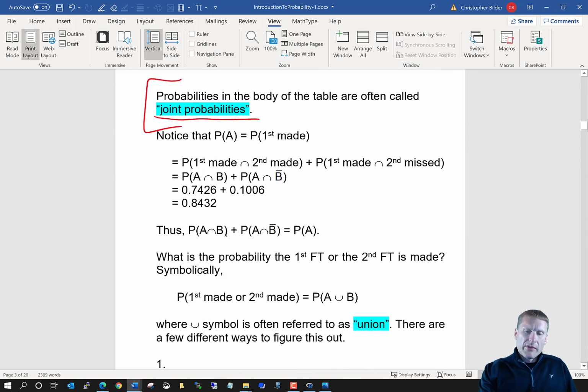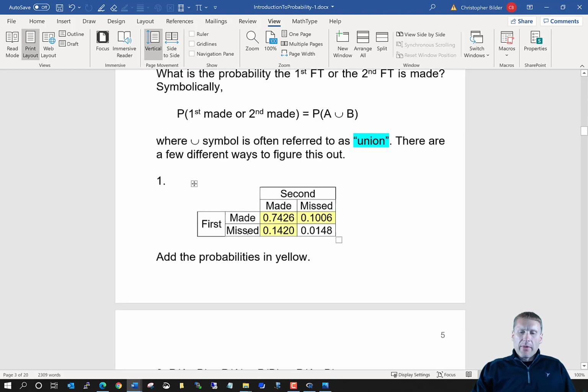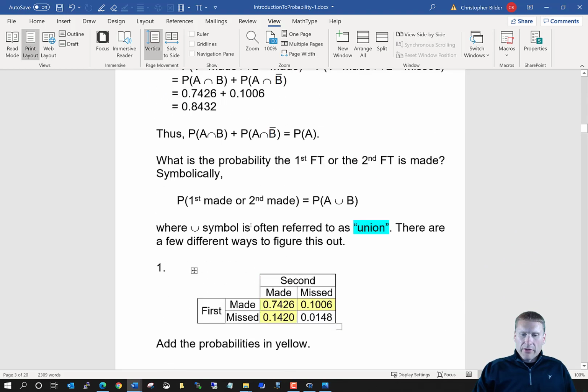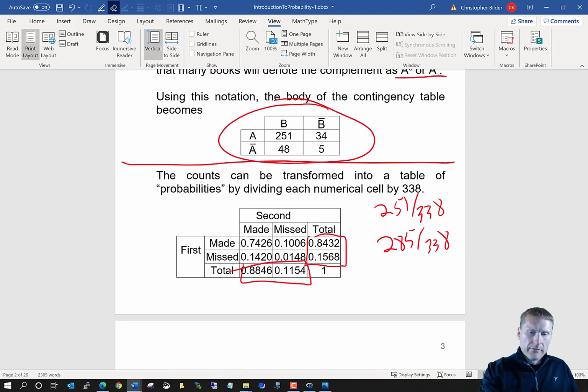Okay, so let's take a closer look at the probability of A, the probability that the first was made. Let's see, how did that come about? Actually, I'm going to go back up and do some more erasing.